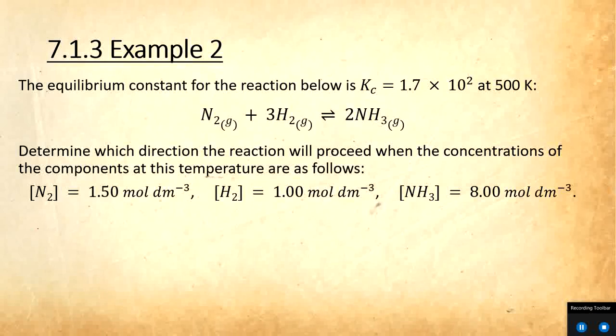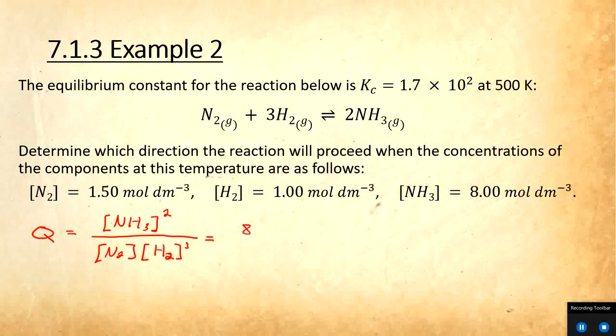So again, calculating Q, we don't know if it's at equilibrium yet, so we'll calculate our reaction quotient. Here we put our products on top, so our products in this case are NH3, and we raise that to its coefficient, so squared. In the denominator we have N2, and we have H2 cubed. Okay, now we're just plugging in our values.